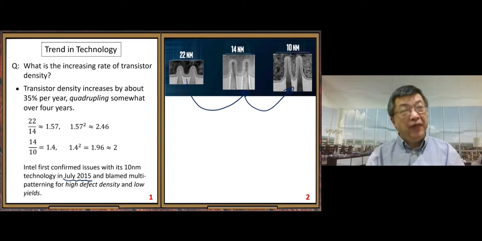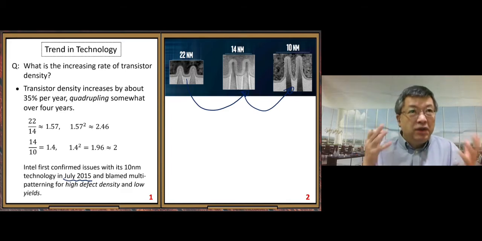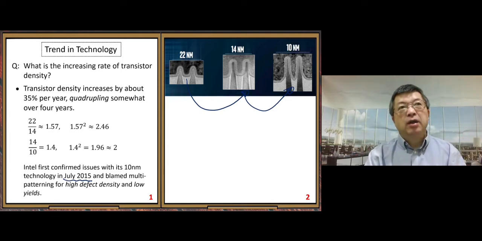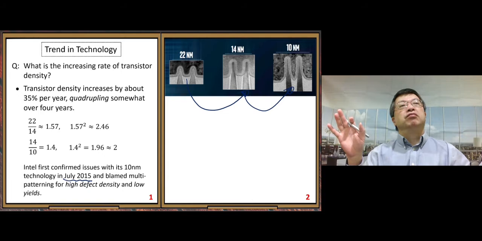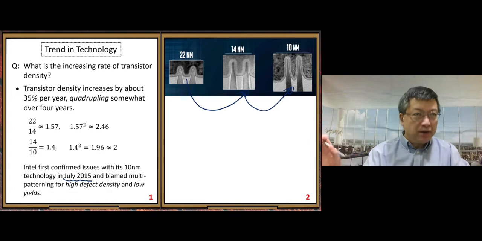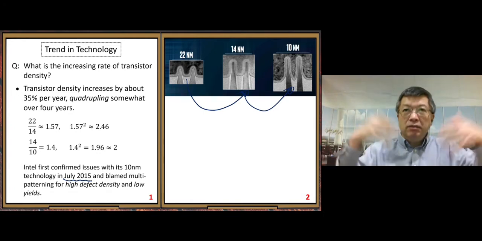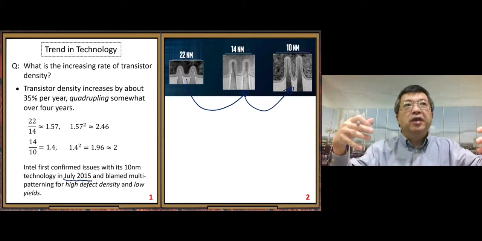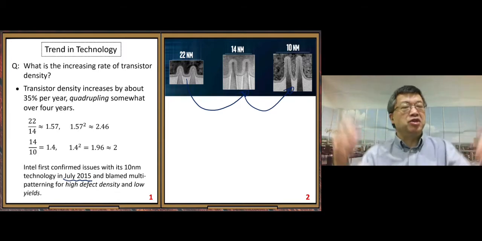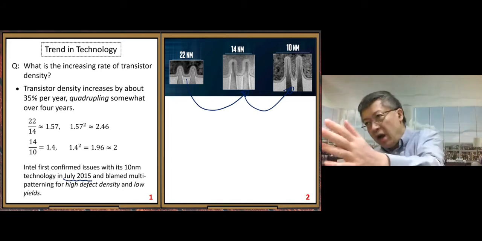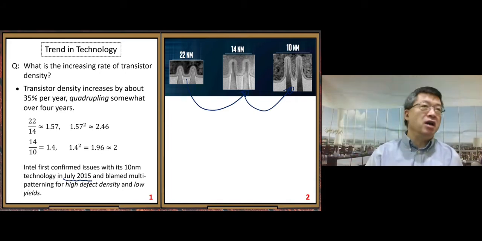That long. At that time, they developed the 10 nm technology, but not successfully. A lot of problems. It could not be used in production, in the market. So they delayed the launch of that technology. They delayed many, many times: the first time, second time, third time, fourth time.